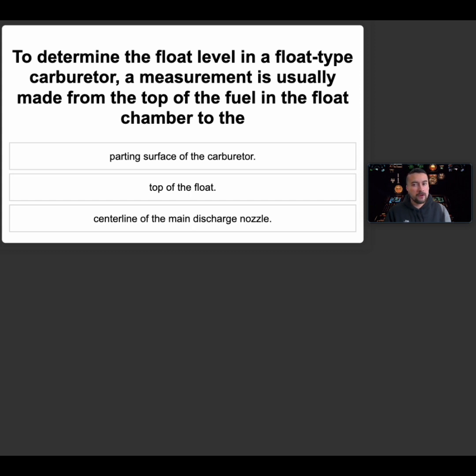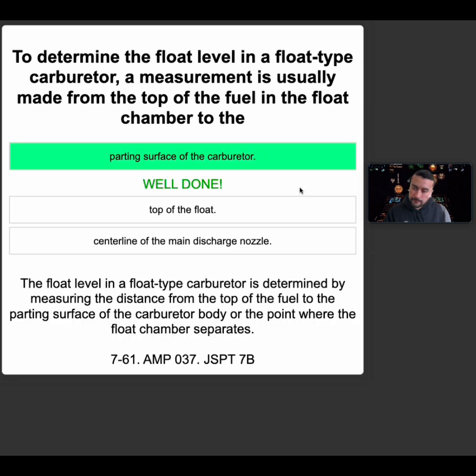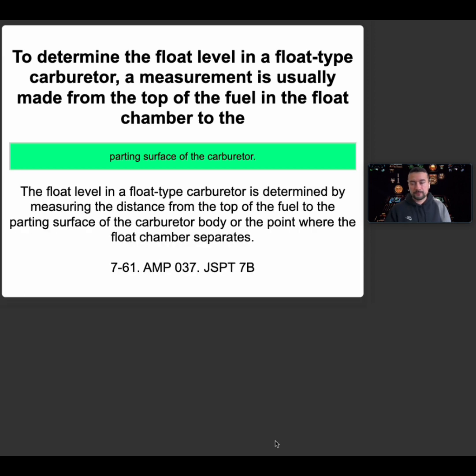Second one is top of the float, and the third one is center line of the main discharge nozzle. I would say parting surface of the carburetor. I don't know really. Yep, that's the answer.